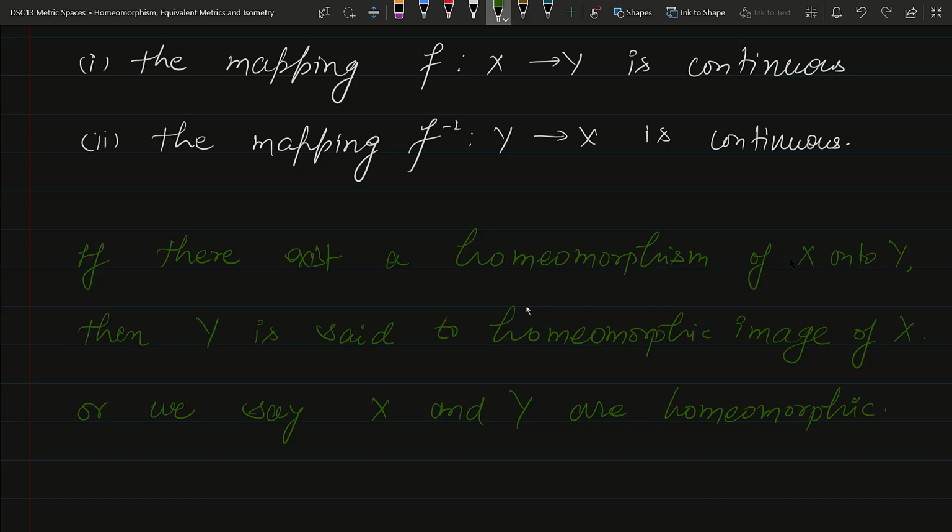So this is about the homeomorphism between two metric spaces and the homeomorphic images of a metric space.